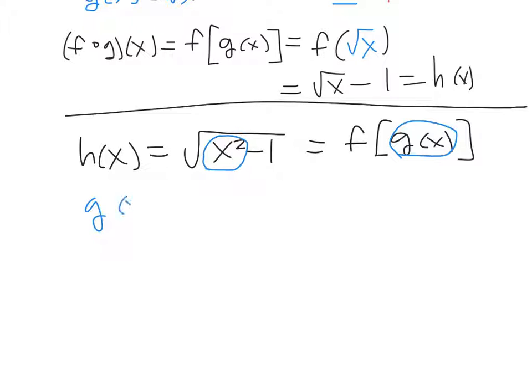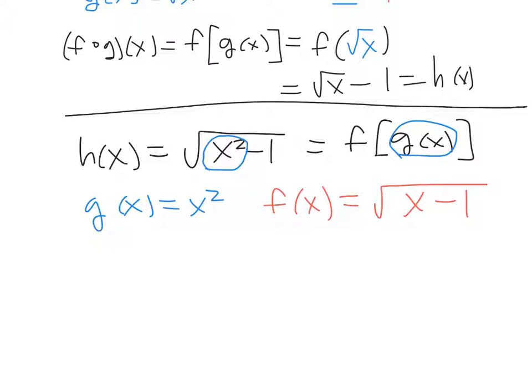We're going to say g of x is equal to x squared. Now what does f of x need to be to get back to h of x? Well, f of x is just going to be a function of x again, and if we're plugging in g of x, or x squared, to it, that means we can make f the function square root of x minus 1.